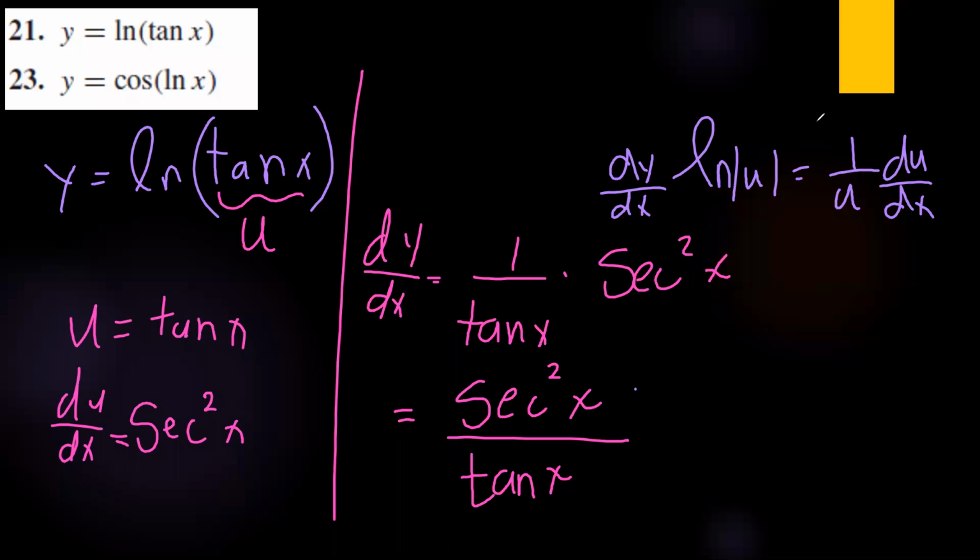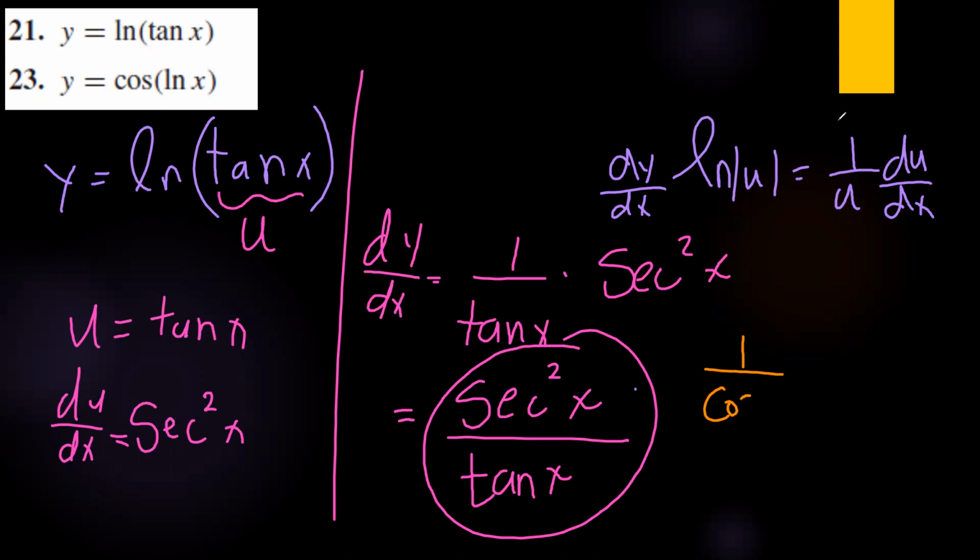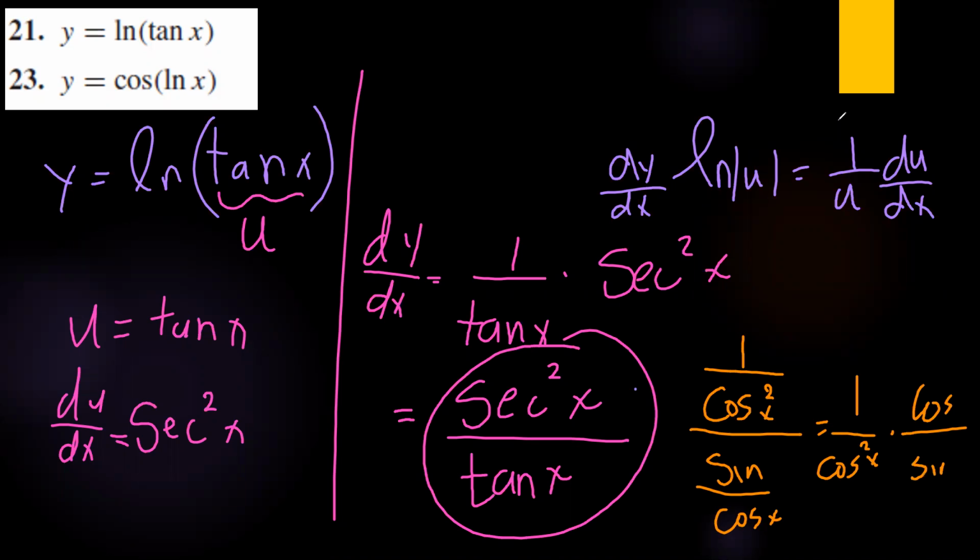If you write it like this one here, it's true. Let's now try to simplify it. Secant squared is 1 over cosine squared, and tan is sine over cosine. So that means it is 1 over cosine squared times the reciprocal of this one, which is cosine over sine.